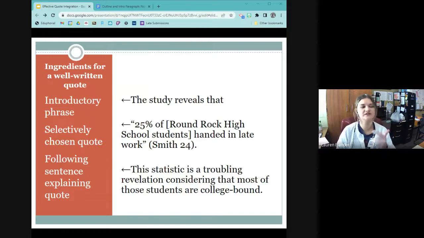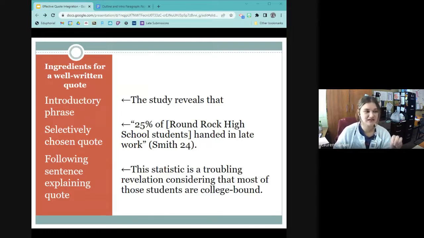"The study reveals that 25% of Round Rock High School students handed in late work." I'm choosing just a portion of the quote, and I'm going to adapt it as needed to fit correctly within the context of my sentence.